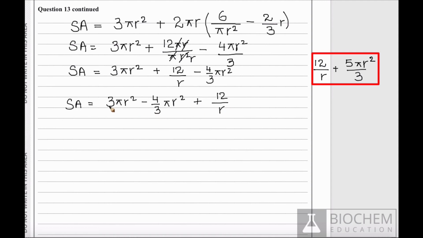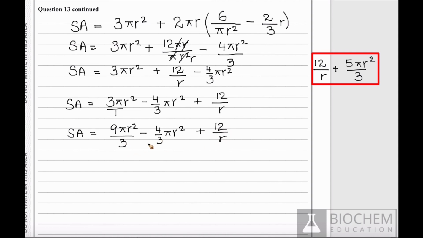Now taking the common denominators of this and this, we can then subtract them. So we can say surface area is equal to, now we can assume that this is 1. So multiplying the numerators and the denominator by 3 will give the same denominator as this term. So we can say 9 pi r square over 3 minus 4 over 3 pi r square plus 12 over r.